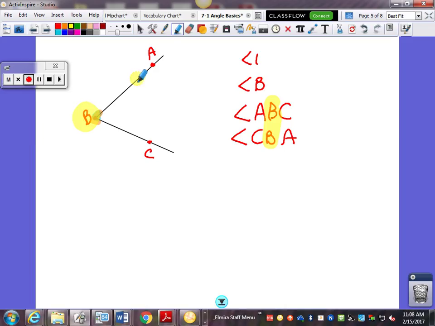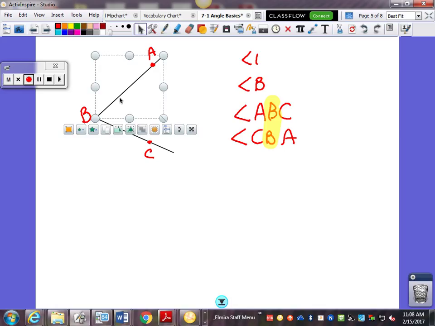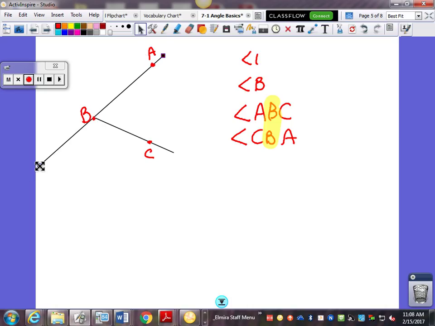Because if I take this line and extend it and put a D down here, then angle B could be this angle, which I had labeled 1 before, but now we have another angle right here.